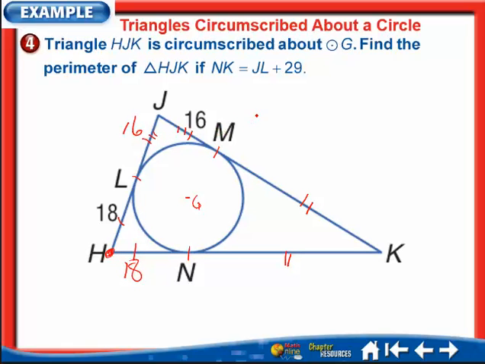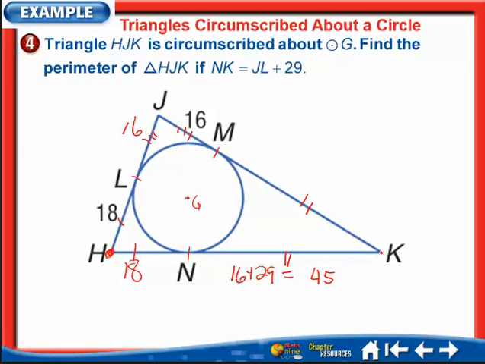Okay. Now they tell us up here that NK equals JL plus 29. So this is JL, which is 16, plus 29. So how much is that going to be? It's going to be 45.